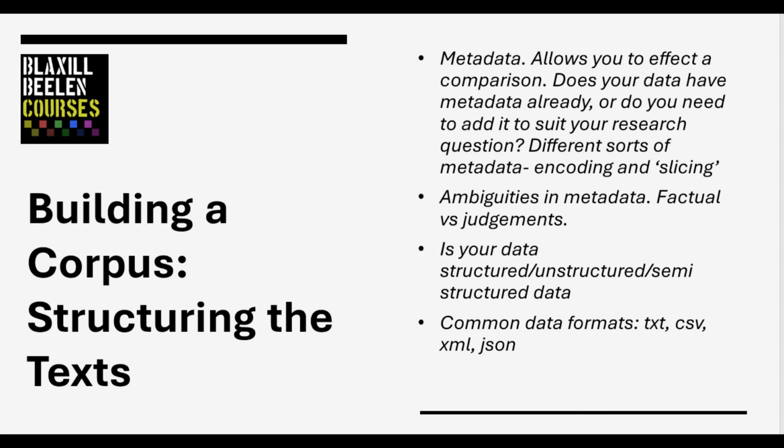Now, the reason that the degree of structure in your data can matter is that if you have semi-structured data or structured data, it's possible to program text analysis to recognize some of those structured elements. So, for example, you could take place names and compare them against each other.